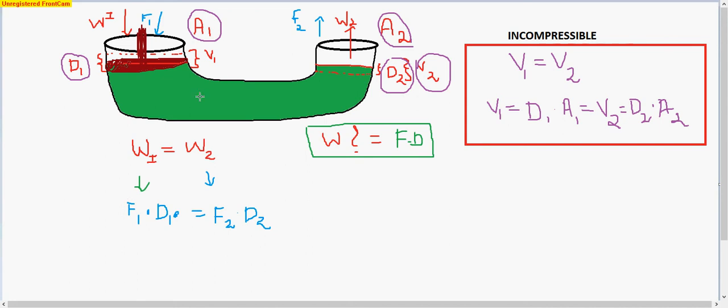So I'll put that in a box. Now these are the main equations we need to derive this thing.